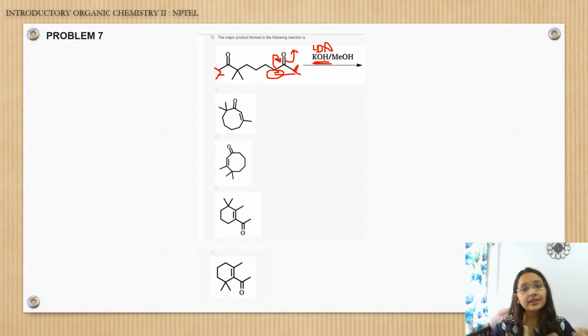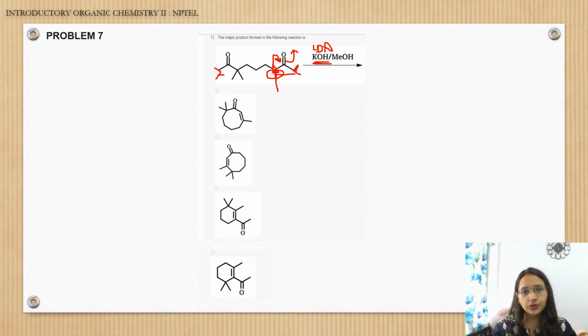The thermodynamic enolate forms when you abstract the protons from the more hindered side. So here, this is the hindered side, and at this particular carbon there is no hydrogen present. But here you have the hydrogen.